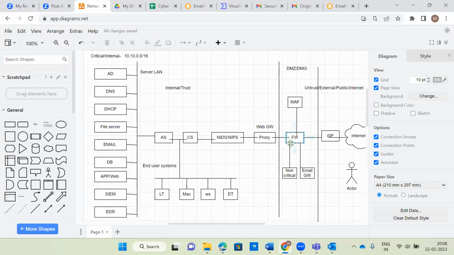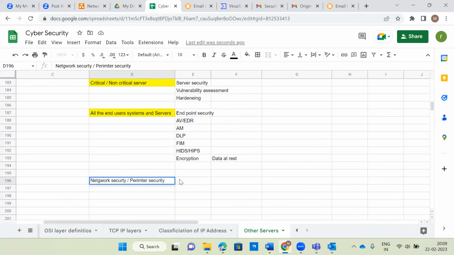Firewall. Along with the firewall, two more devices fall under perimeter security. Network security tools or solutions? NIDS, NIPS. Next one: proxy, that's correct.